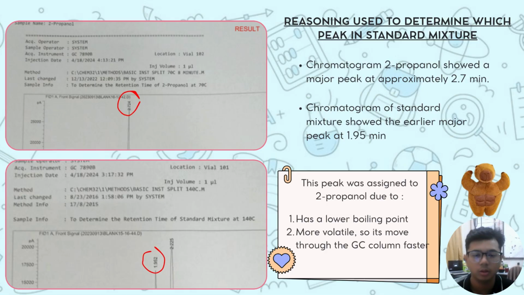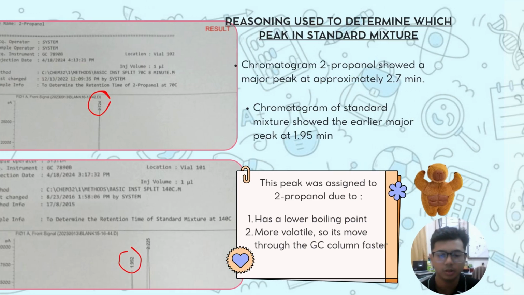When we run the individual chromatogram for 2-propanol, it shows a major peak at approximately 2.7 minutes. Comparing this to our standard mixture, we identify it as the earlier major peak at 1.95 minutes. We assign this peak to propanol because it has a lower boiling point and is more volatile, allowing it to move through the GC column faster than the others.